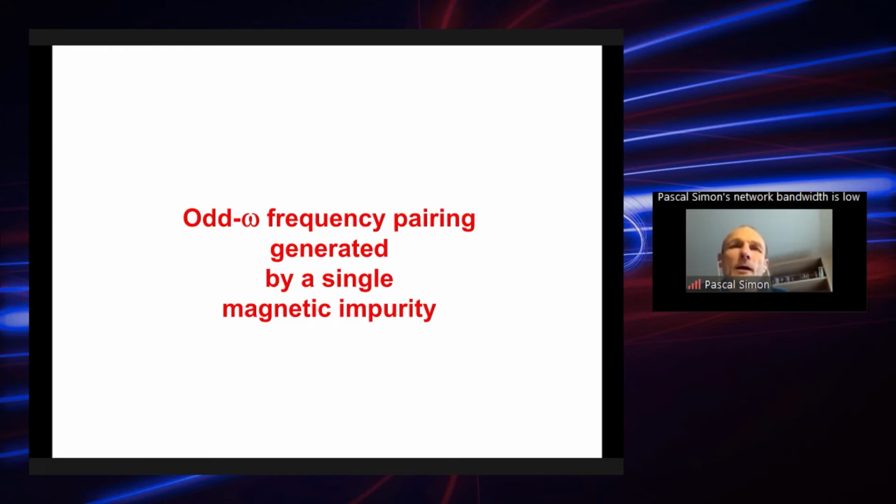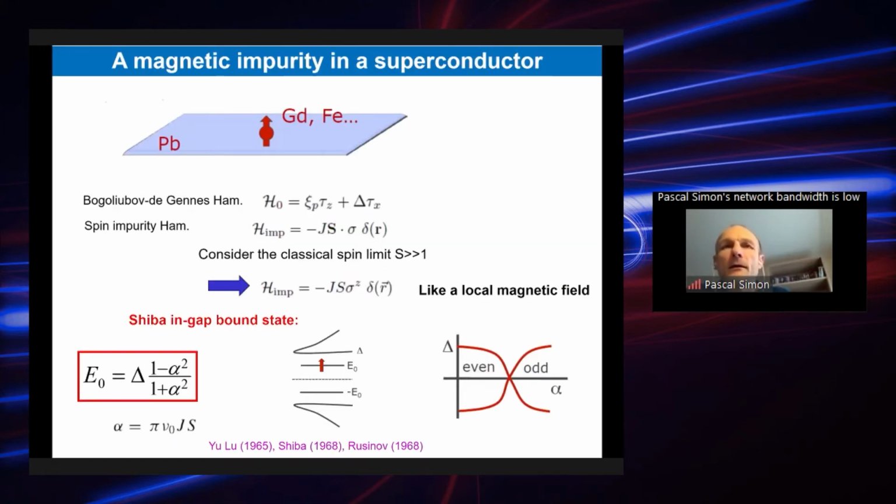So, if you have a single impurity immersed in, for example, a superconducting substrate like lead, you do expect to find some Yu-Shiba-Rusinov bound states. To describe such bound states, it's convenient to consider the classical spin limit, with the impurity described by a local magnetic field.